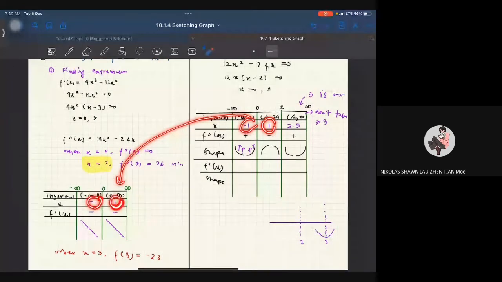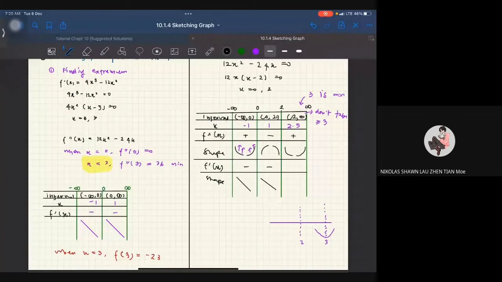So it will get negative. Okay, so just copy again. So I get negative, the shape goes downward. This one also goes downward as well. Okay, and then for the last one, 2.5, when we substitute it into our first derivative, we are supposed to get negative as well. So the shape also goes downward.